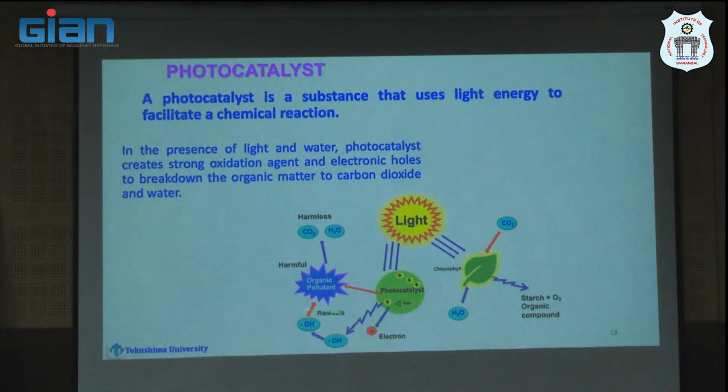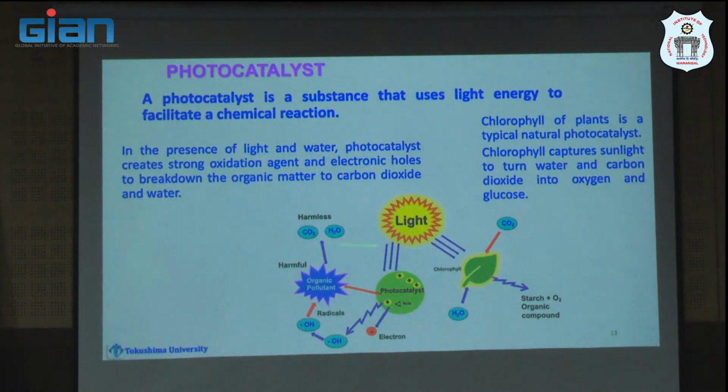That OH radical can react with the organic pollutant, and then it can create H2O in clean form and CO2. This is the basic principle of photocatalysis. I will explain in more detail how photocatalysis occurs.